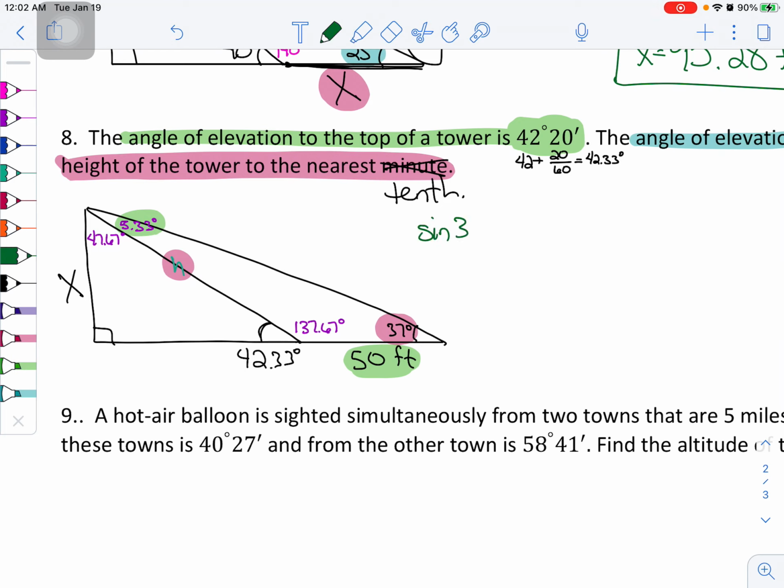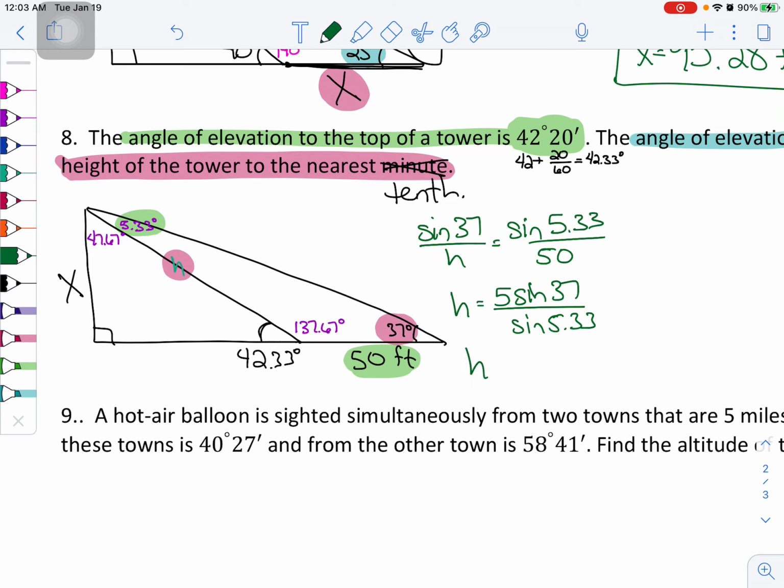So sine of 37 over h is equal to sine of 5.33 over x. Nope, 50. I lied. I actually just got confused. I had to look at the wrong thing there. Okay, so let me reset that and make sure I got it right. So h is going to equal 50 sine 37 over sine 5.33.